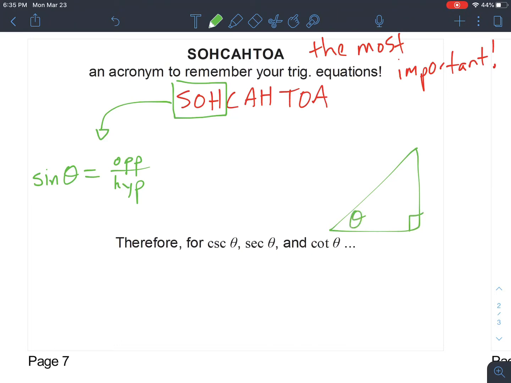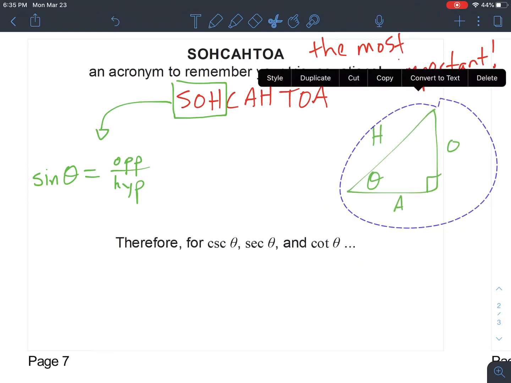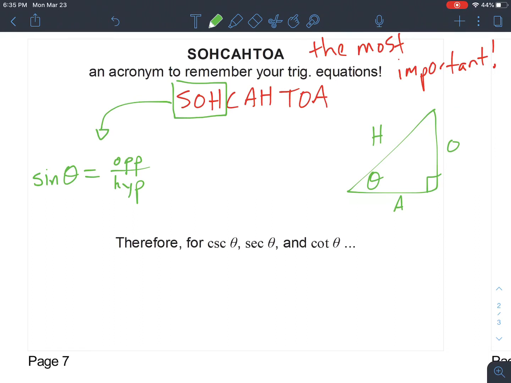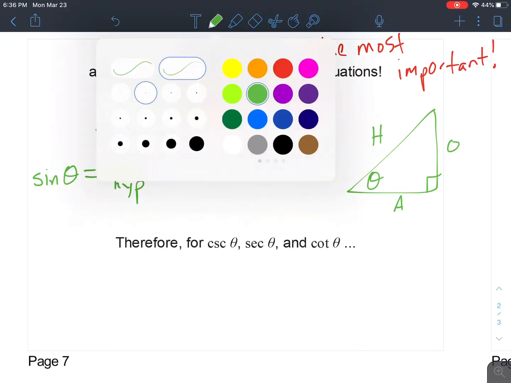There's theta, so you should be able to see there's the adjacent, there's the opposite, and here's the hypotenuse. So that tells us then that sine of theta is going to be equal to the opposite side over the hypotenuse. That is the first equation that you need to remember for trigonometry.